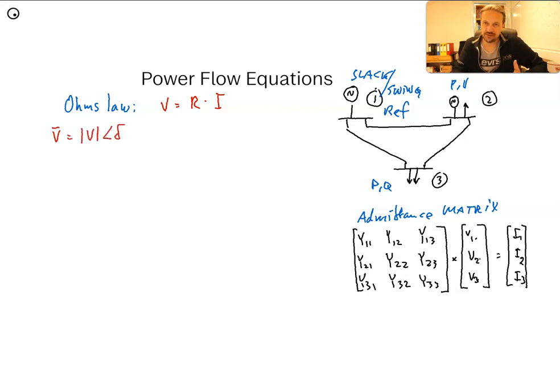So this is the load angle delta. And then we know that that voltage in Ohm's law is affected by the impedance, and then we have some complex value for the current as well. It will be leading and lagging according to the value of the impedance.